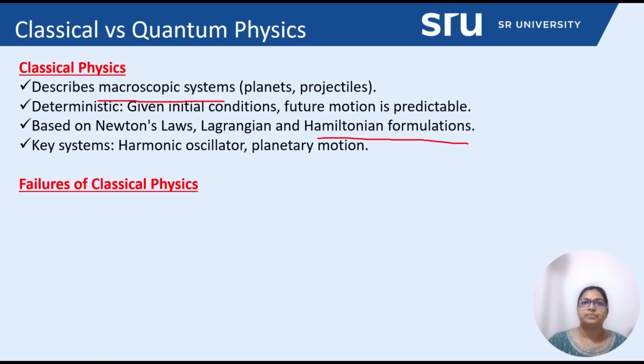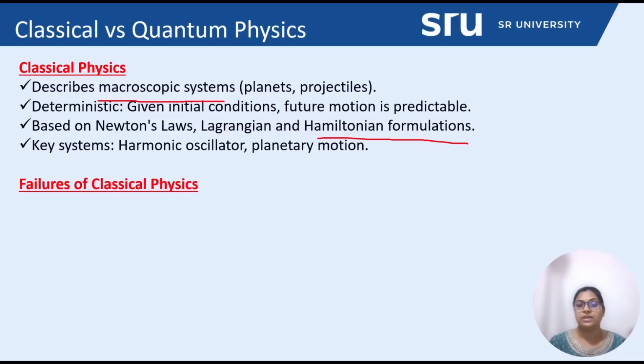And what are the failures of classical physics? As physics progressed into the microscopic domain, several experimental observations could not be explained with classical theory. First, the stability of atoms: classical electrodynamics suggests that orbiting electrons should continuously radiate energy and spiral into the nucleus.